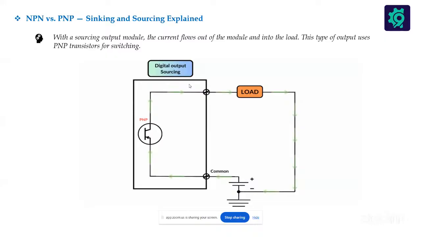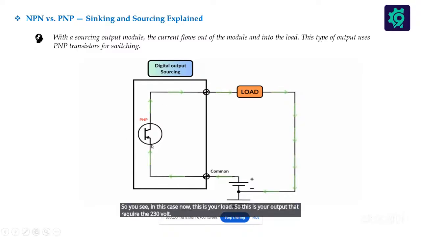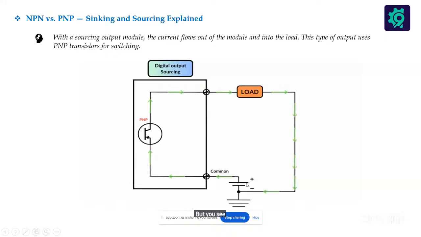So Edosa, I'm with you, sir. See, in this case now, this is your load. So this is your output that requires the 230 volt. The PLC itself will be powered at its terminal, which is 24 volt. But this power supply in this case will now be a 220 volt power supply.